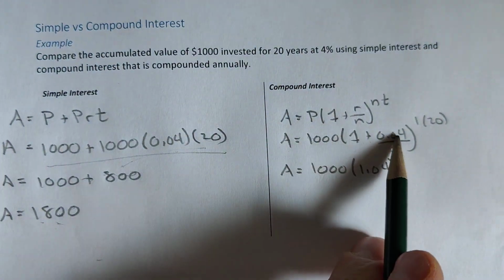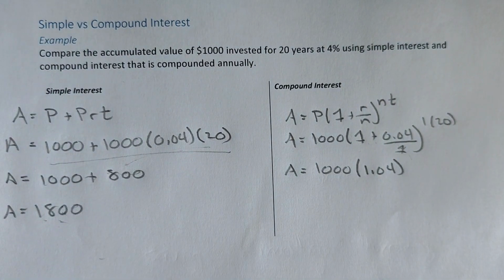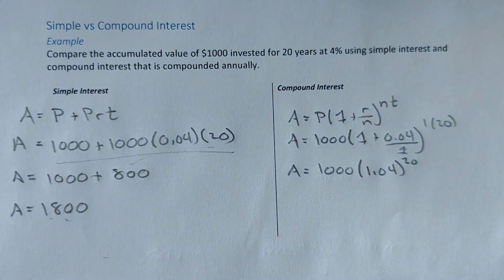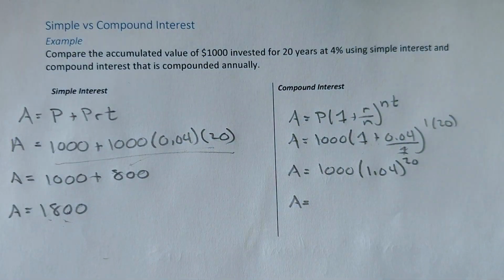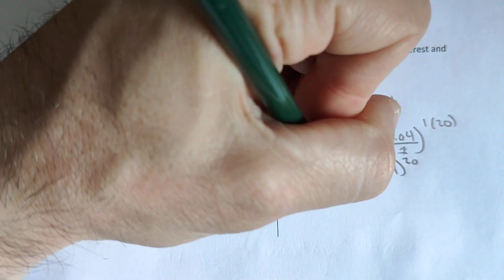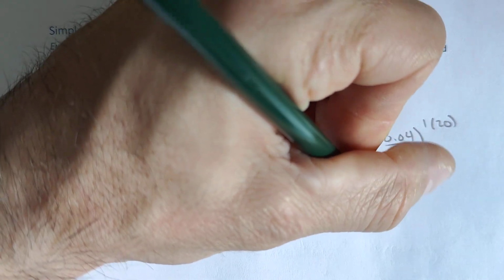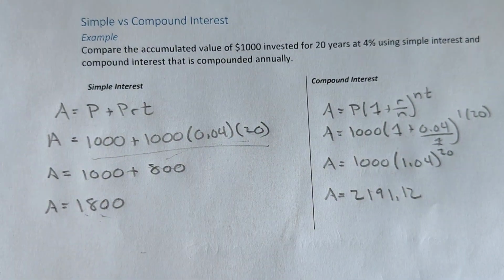I'm going to simplify it because it's divided by 1, which means the division by 1 is irrelevant. You get 1.04. 20 times 1 is 20. So now I can type this in my calculator, 1,000 times 1.04 to the power of 20, and I get a result of 2,191.12. So you notice the difference between simple and compound interest over the time period.